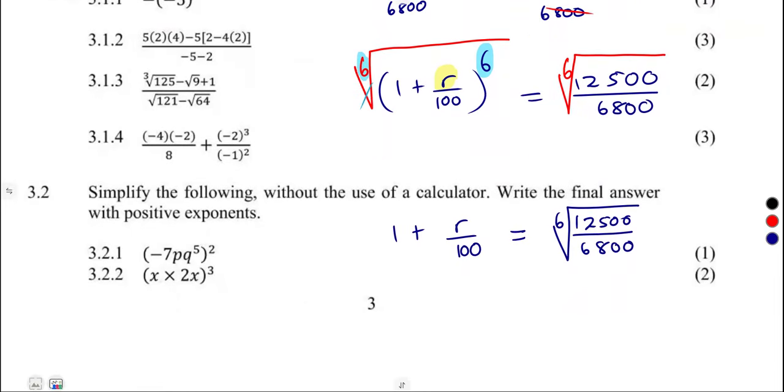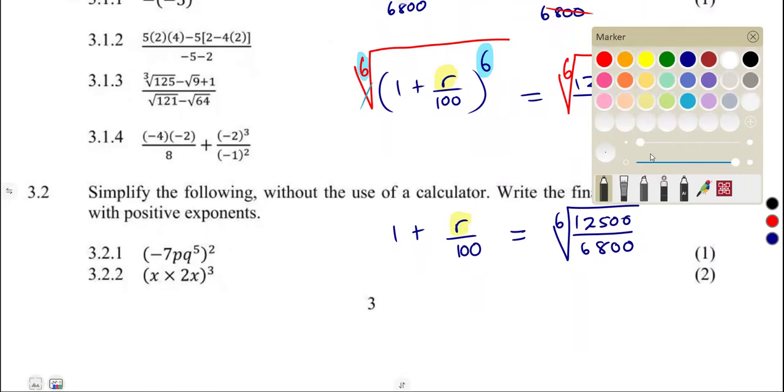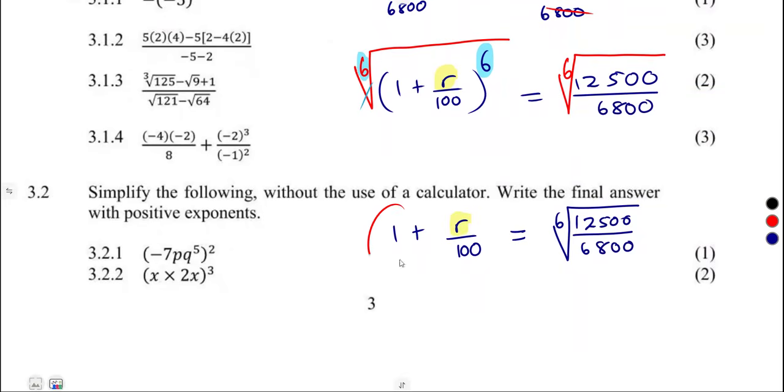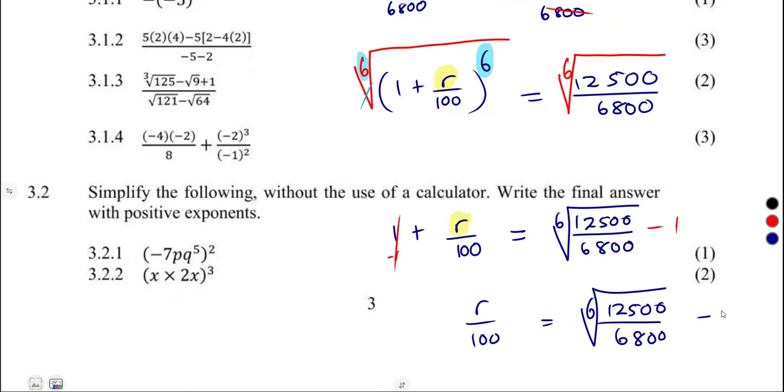To find the value of R, we simply get rid of the 1 which is being added. We subtract the 1. So we remain with R over 100 is equal to the sixth root of 12,500 over 6,800, minus 1.